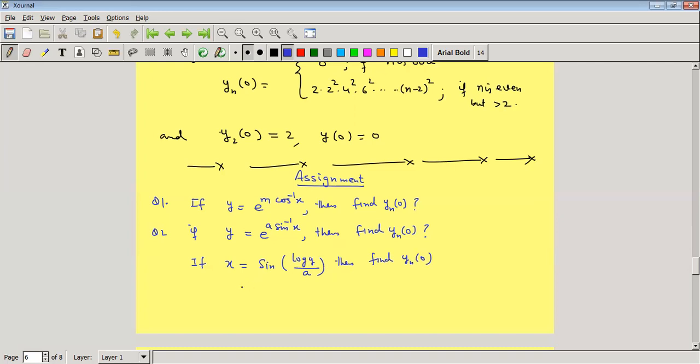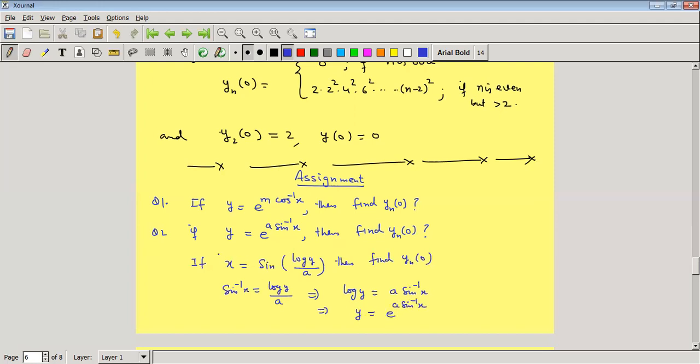We take sine inverse on both sides, so we can write sine inverse x is equal to log y upon a, or this implies log y is equal to a sine inverse x, or take antilog, then we get y is equal to e to the power a sine inverse x.